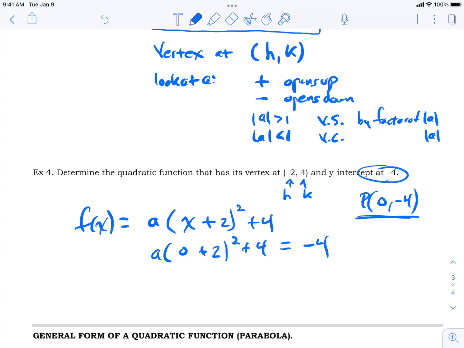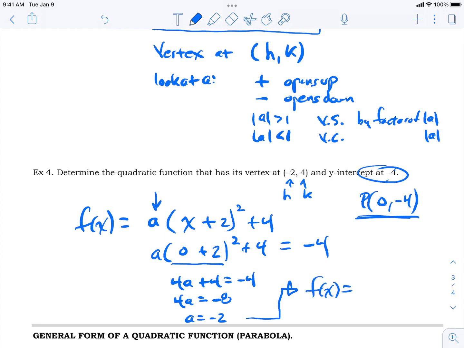Okay, so now we can solve for the a, because I got an a. This is a 2 squared is 4. So I've got 4a plus 4 equals negative 4. Cool. Subtracting 4 on both sides, 4a is negative 8. Dividing both sides by 4, a is negative 2. Cool, because now I can finish my function. That a there, yeah, it's a negative 2. And then the rest is the same. So that's pretty cool.